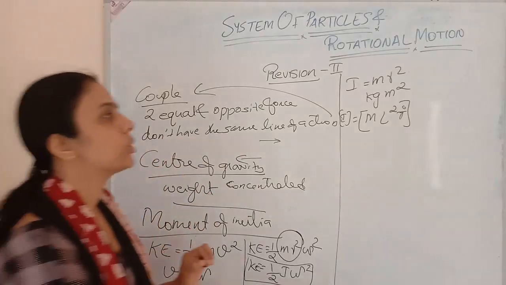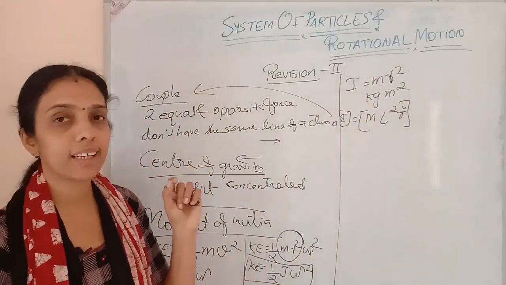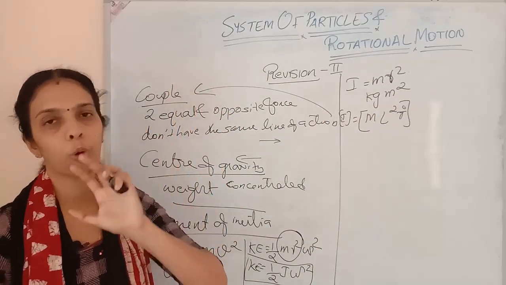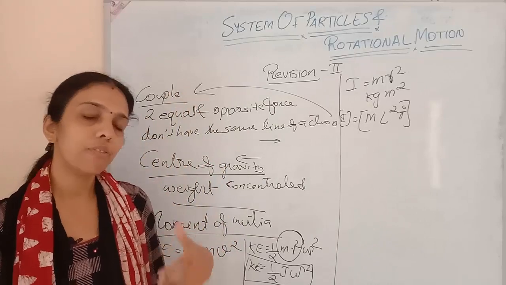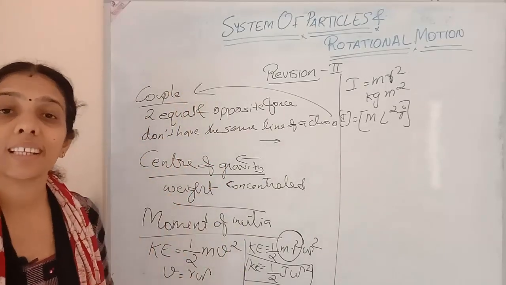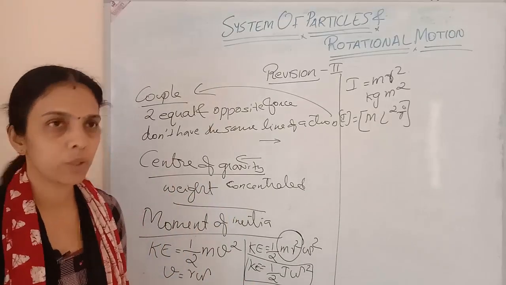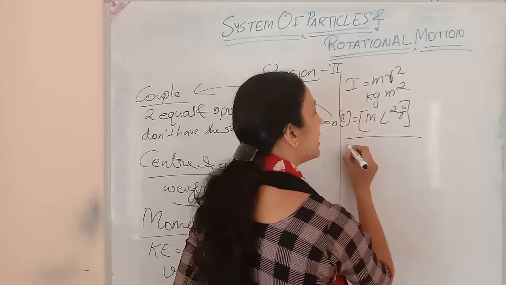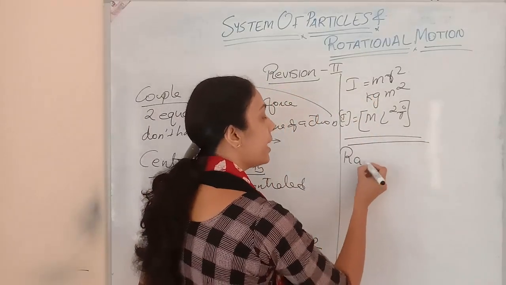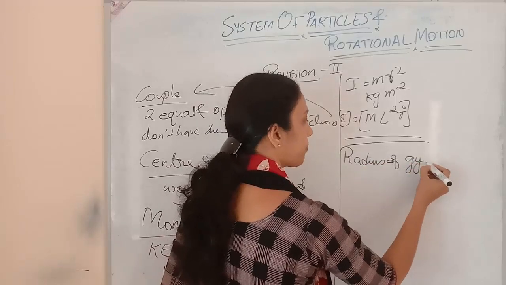Next we should see all the cases. For a single particle, I can consider I as m r squared, where r is the distance from the axis of rotation to the point. But if it is more than one particle in a system, or a rigid body, how will we consider this r? For that, instead of r, I will use another term called radius of gyration.